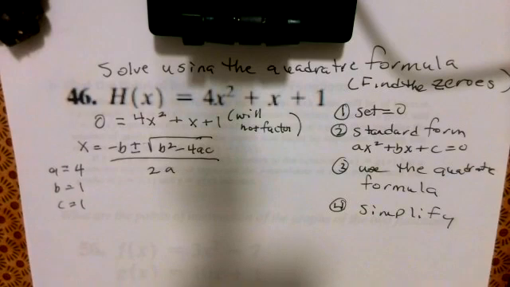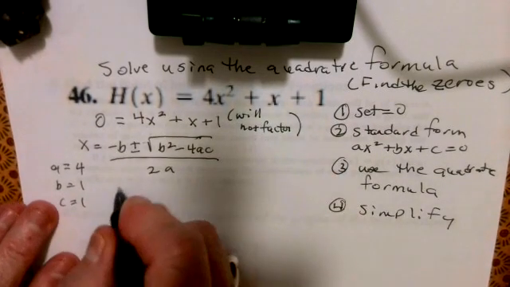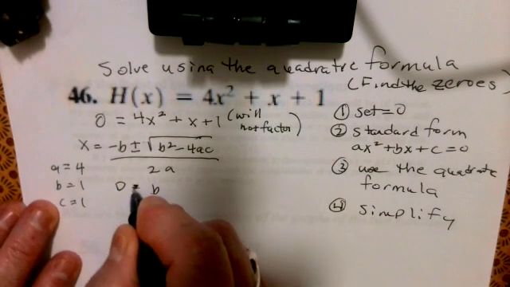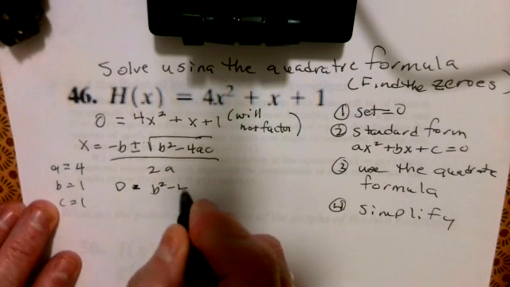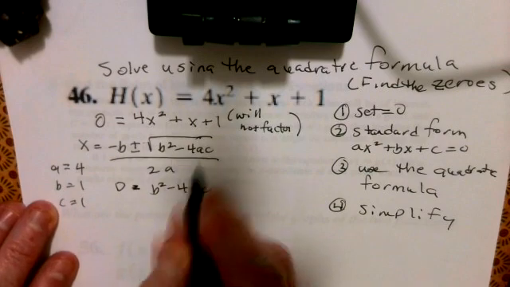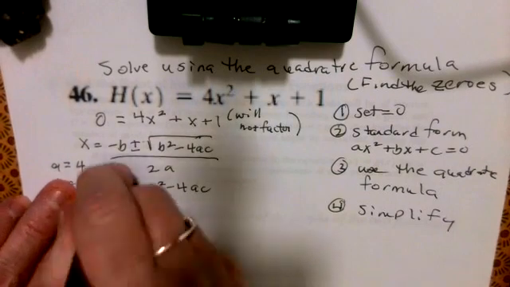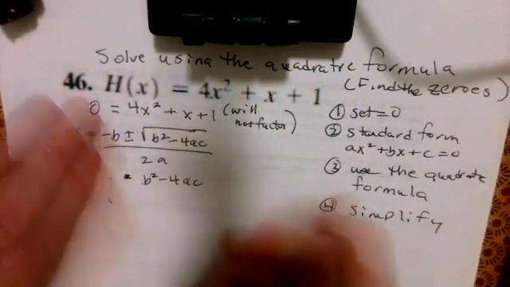Okay, we could first check with the discriminant. The discriminant is the b squared minus 4ac. It's the part underneath the square root. So this is supposed to say D for the discriminant.